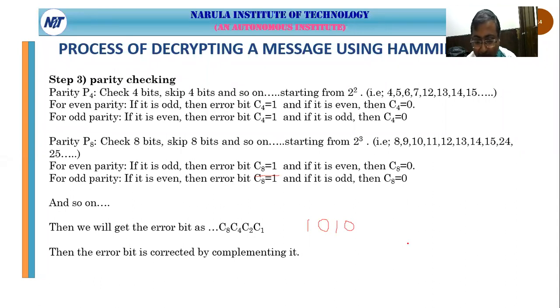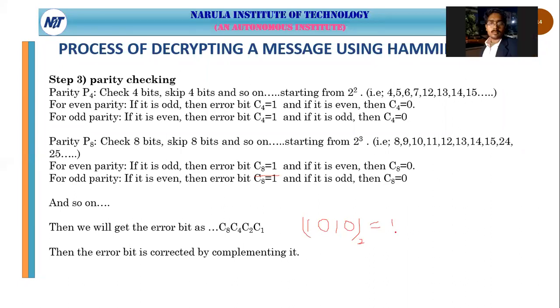Okay. So now what will be the decimal value of it? 10, sir. 10. So at the 10th bit position of my Hamming code, the error exists. Clear?